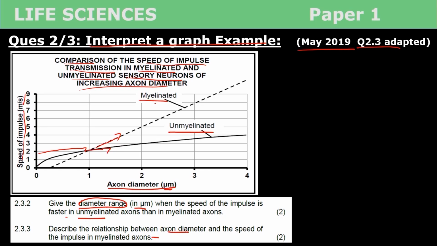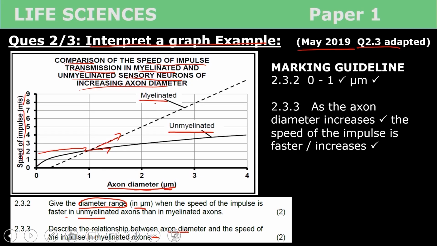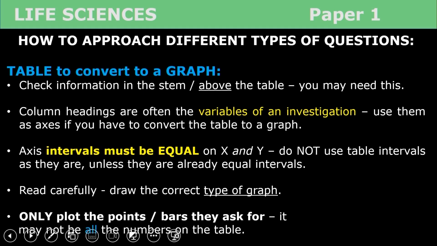So we want that diameter in micrometers, so it's between 0 and 1 micrometers. Then the second one, you are describing the relationship. As you can see, as the axon diameter increases, the speed of the impulse also increases. It's giving us a positive trend.